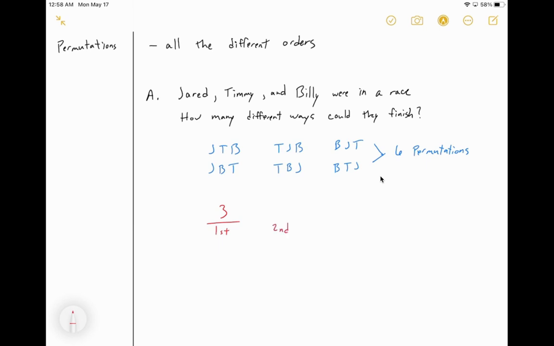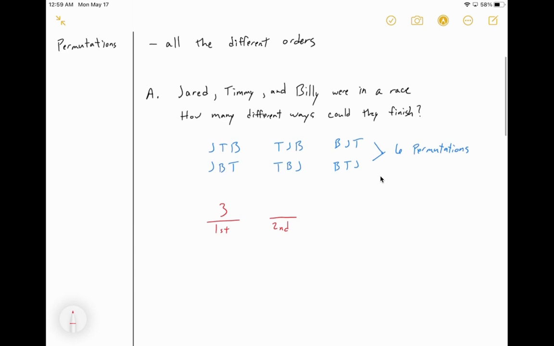You might be tempted to say 3 people could. But really, if somebody gets first place, there's only 2 people left to get second place. So it's 3 people get first, and only 2 people could get second, because assuming Jared gets first, there are only 2 people left to get second.